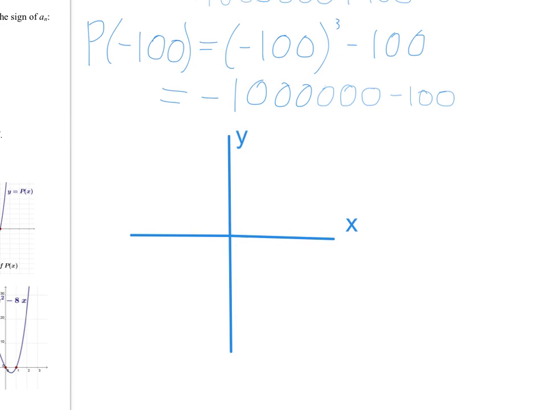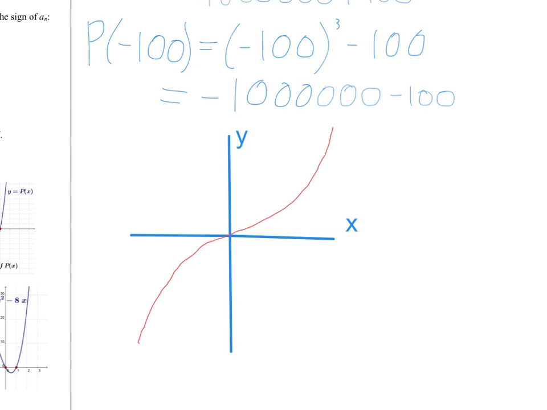So we would start off way down on the bottom left, but then a positive value of x like 100 gives us a really large, positive value of y. So we might end up with a graph that looks something like this.